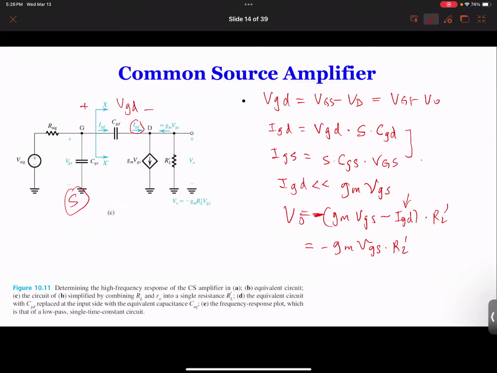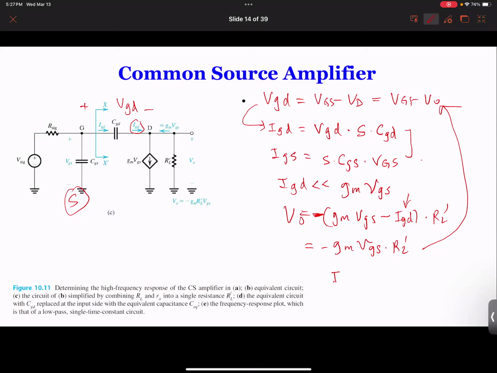So once you have VO given, you can plug VO back to get VGD. Once I get VGD, I can plug VGD to get IGD, which is a small number. Now you might say, you already neglected it, why do you calculate it again? Well, that number is small, so that's why I neglected it earlier.